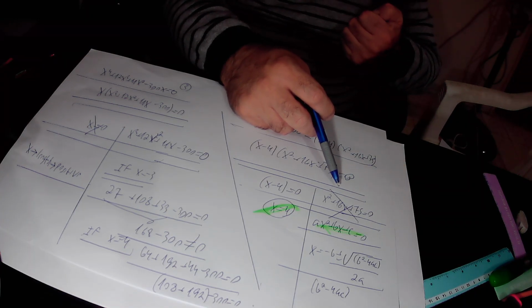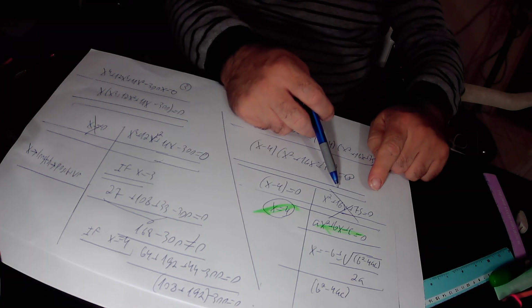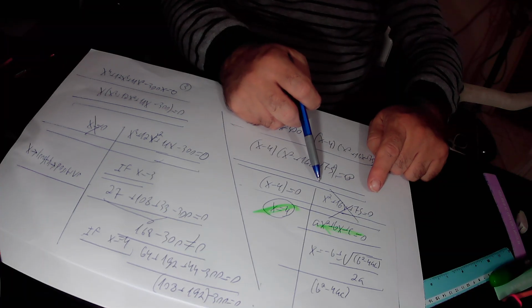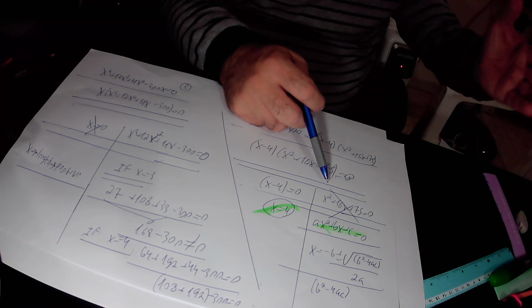x plus 8 squared is definitely a non-negative number, and it can never be equal to minus 11, that is a negative number. So this is the second way to find out that x squared plus 16x plus 75 has no solution at all, because a negative number can never be equal to a positive number.